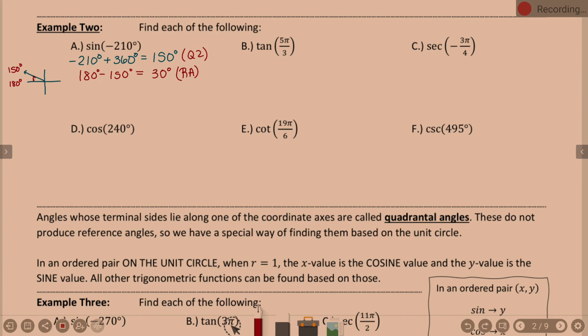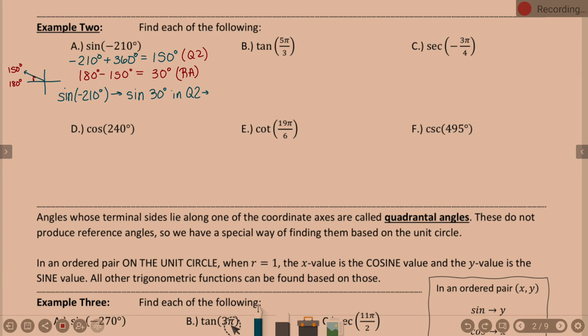So in order to do the sine of negative 210 degrees, here's what you have to ask yourself: what is the sine of 30 degrees in quadrant 2? That will give you your answer. Does that make sense? Sine of 30, 30 is my reference angle.